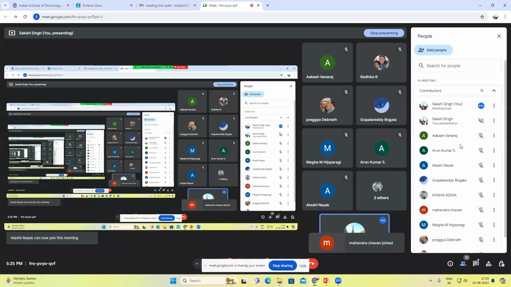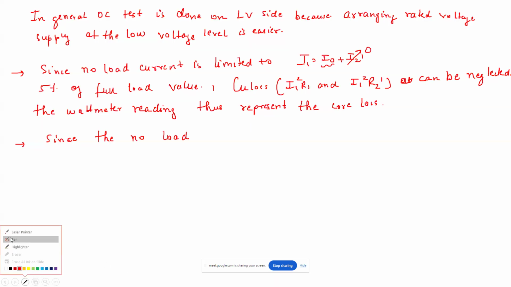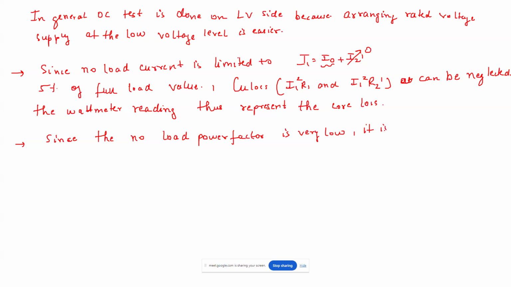Since the no load power factor is very low, as I said 0.25, 0.2, in that range, it is recommended that a low PF wattmeter is used.